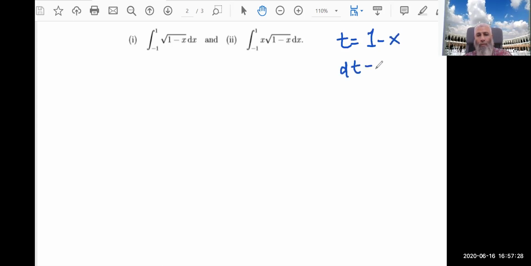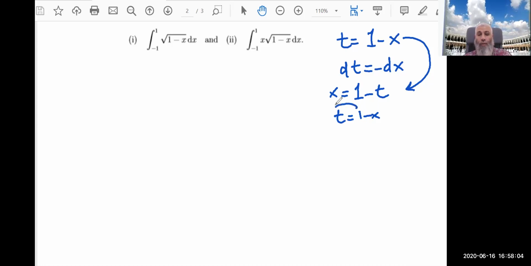So here also dt equals negative dx. And x equals 1 minus t, where t equals 1 minus x.